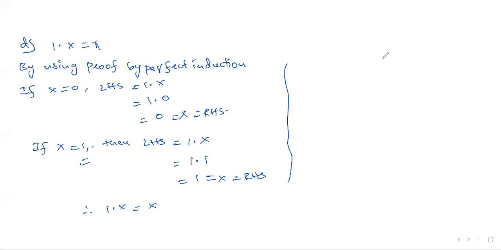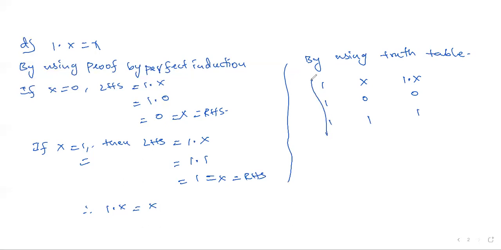By using the truth table, the columns are x and 1 and x: x is 1, 0 and 1 and x is 1, 0. So 1 and 0 is 0 and 1 and 1 is 1.